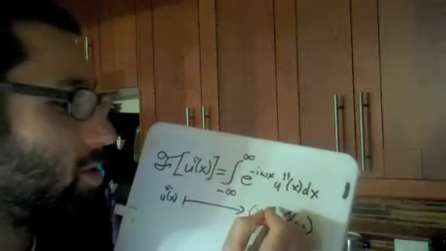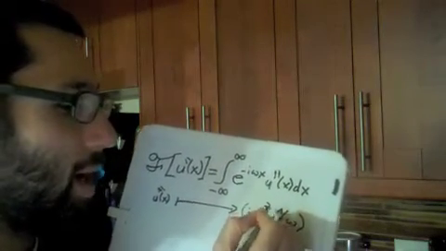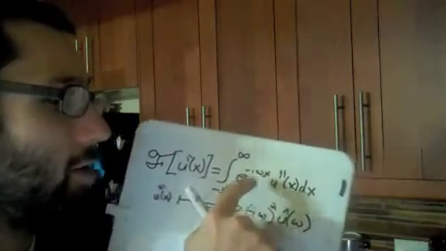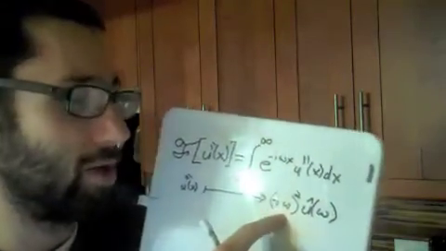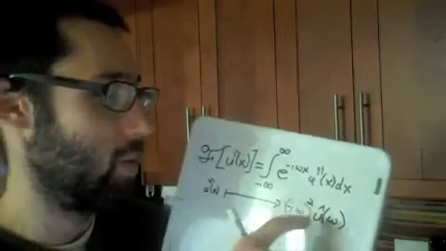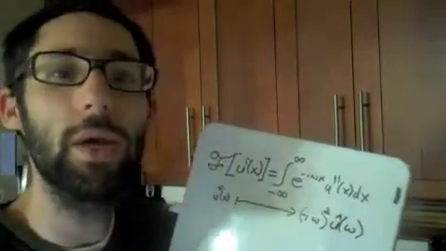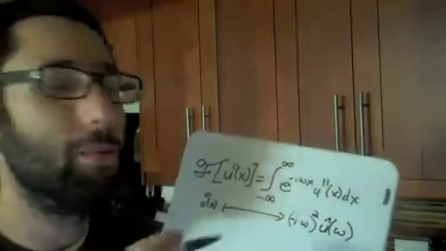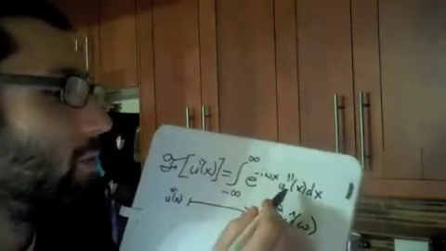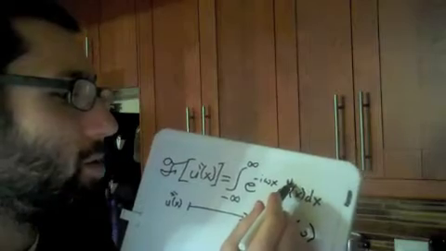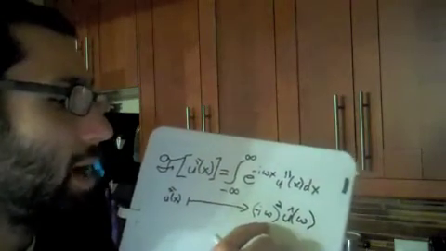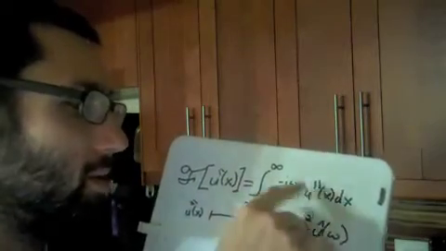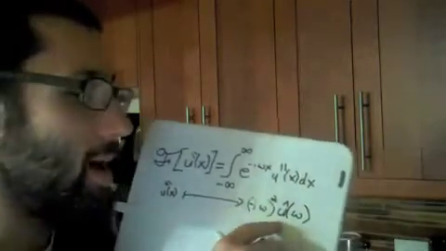If we do that twice, this becomes an i omega squared. The minus i omega is what comes out during the chain rule, so minus i omega squared. Also, when we integrate by parts we put a minus sign, but if we're doing it twice, that minus sign will cancel. So if we put two derivatives on u, then we get minus i omega squared coming out, and the rest of it is still u hat.